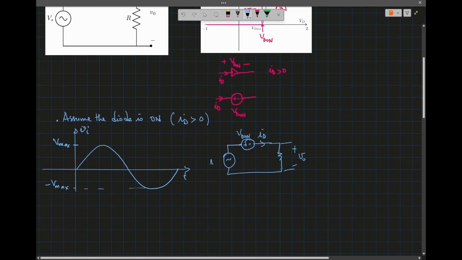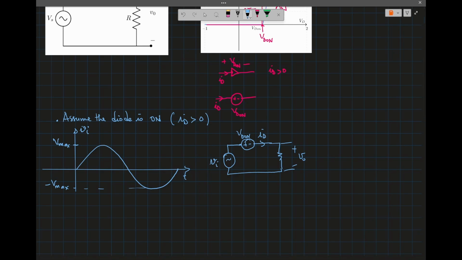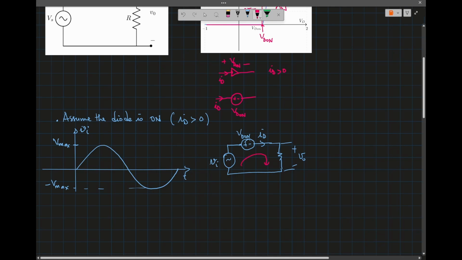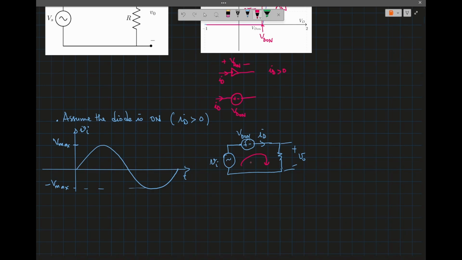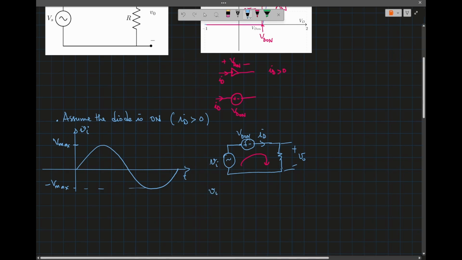Okay, so for this video, I'm mostly going to use KVL and KCL to solve this network. So I'll write KVL following this loop. So that means VI will be equal to VD on plus R times ID, right?